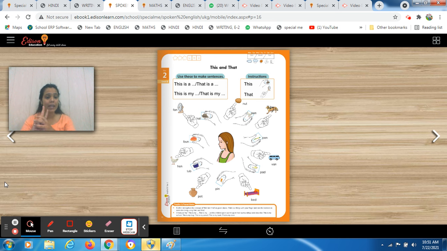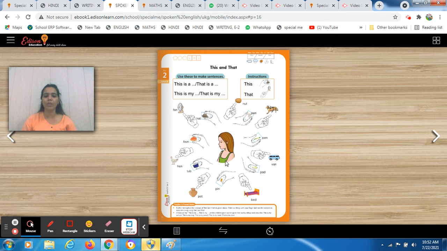So 2 days you have to practice your page number 15, introduction to "the". You have to do 2 days of practice of that concept. After that, for the rest of the days you have to cover this worksheet, because in this worksheet I am going to introduce you to two things, "this" as well as "that", where you use "this" and where you use "that".